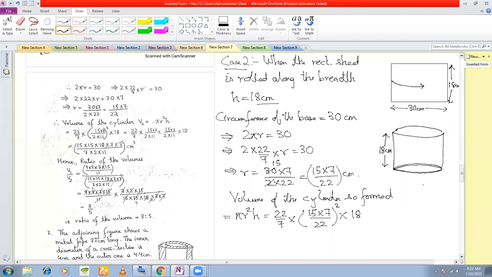Okay, so this will be 22 into 15 into 15 into 7 into 7 into 18 divided by 7 into 22 into 22, because you have 22 square. So 22 will cancel, 7 will cancel, right?